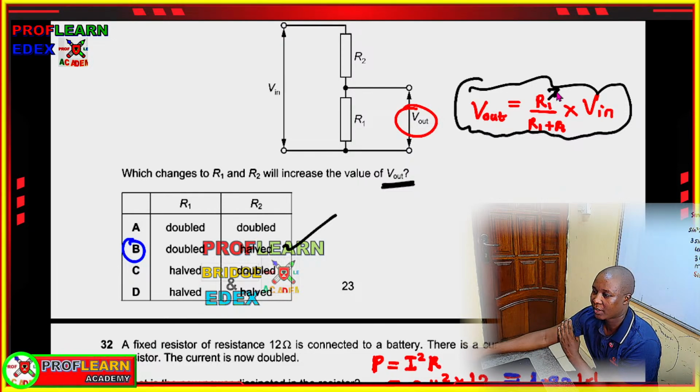This resistance is increased and this one is reduced, so you are going to have a larger value.